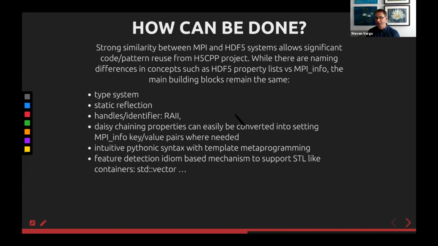The intuitive Pythonic syntax can be mimicked, creating a similar experience to what you are already familiar with in Python, possibly the Julia MPI implementation. The feature detection idiom of C++ may be used to create a mechanism to support standard template library-like containers. Any of those objects you have already created or worked on, if they are similar to the standard template library, will just work out of the box.